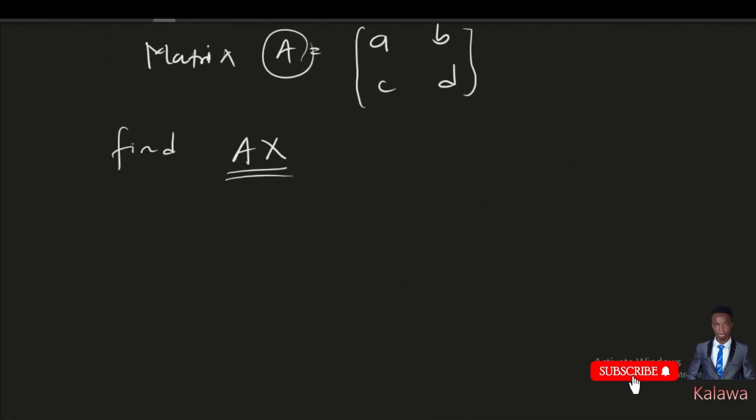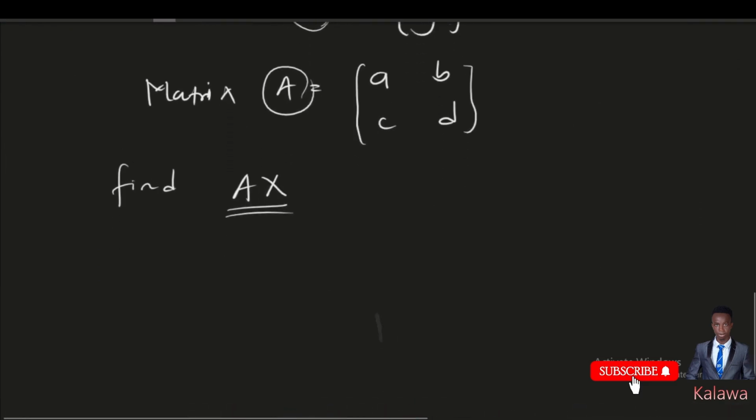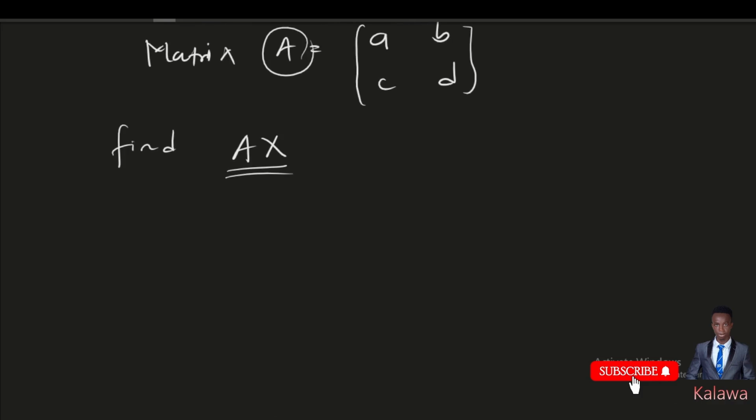What is matrix A? The elements of matrix A are a, b, c, d, and we also have the vector (x, y). So this is the vector.